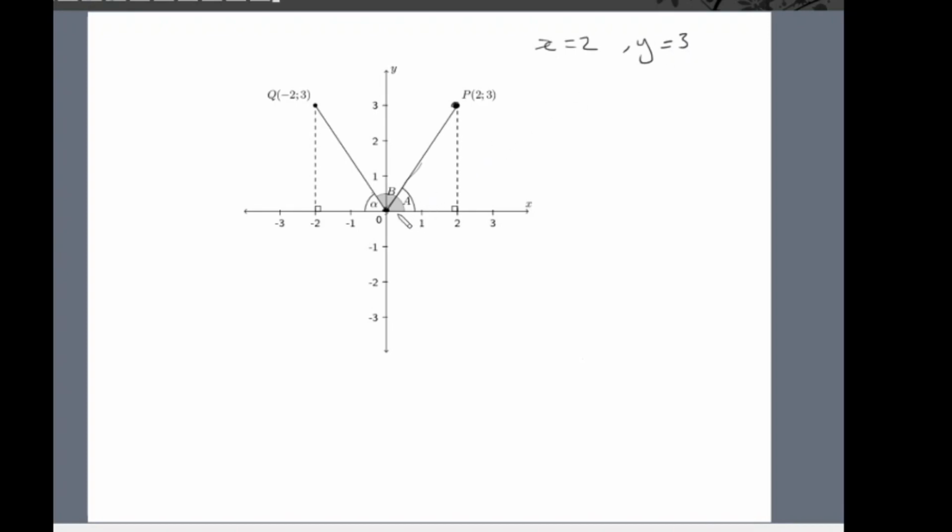So if x is 2, on the x-axis this is our point, and at the same time y is 3, so we elevate to that point where x is 2 and y is 3, right? If you draw this dotted line, you'll notice it is perpendicular to the x-axis, giving us a right-angled triangle.